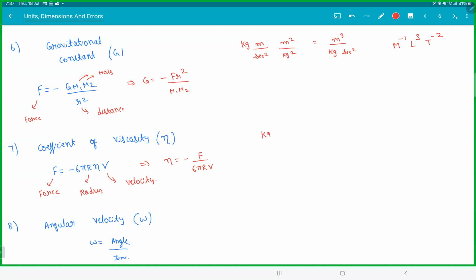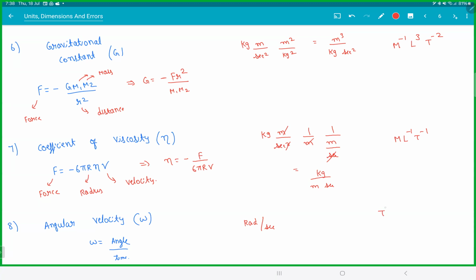Force is kg meter per second square. Radius is 1 by meter. Velocity is meter per second. So one second will cancel, one meter will cancel. You'll be left with kg by meter second, that is M L minus 1 T minus 1. Easy. Angular velocity would be radian per second.